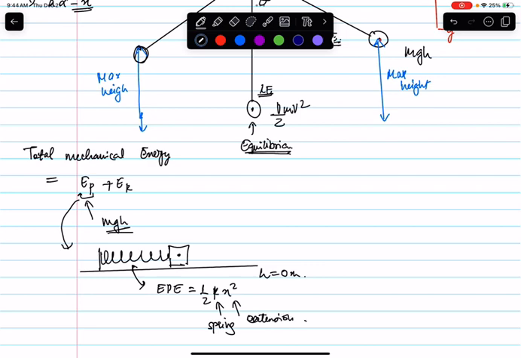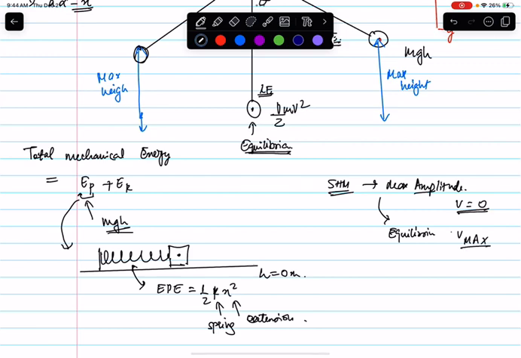So what we see is that in simple harmonic motion, when you go to your max amplitude, at the maximum amplitude, the velocity becomes 0, okay? At the maximum displacement from the mean position, the velocity becomes 0 meters per second. And then as soon as you get back to equilibrium, the velocity becomes maximum, okay? So at your amplitude, you have maximum potential energy.